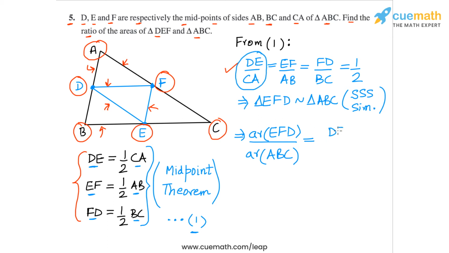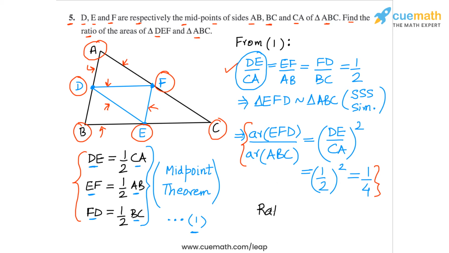So this will be equal to DE by CA squared, and DE by CA is simply equal to half, so we get half squared, or 1 by 4. So the ratio of areas is simply equal to 1 by 4, or 1:4. So this is the answer. The ratio is 1:4, which basically means that the area of the small triangle DEF is 1/4 the area of the large triangle ABC.